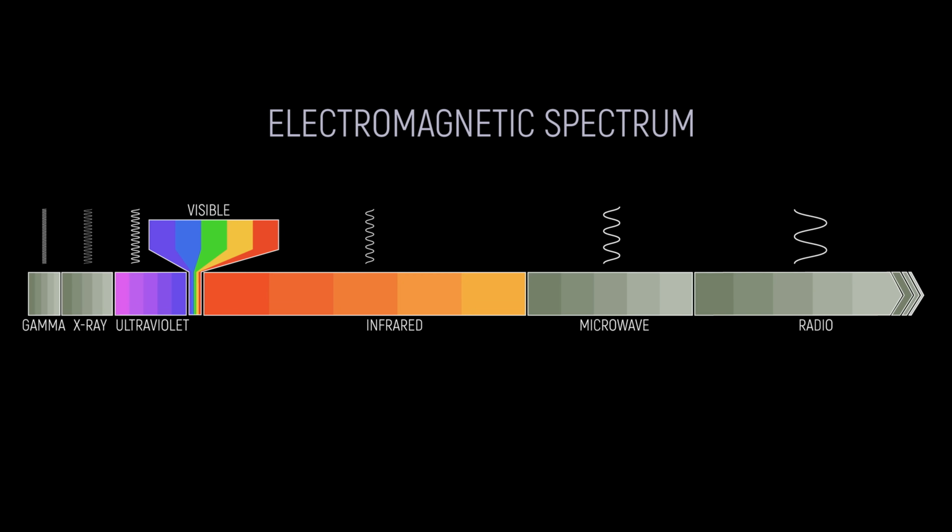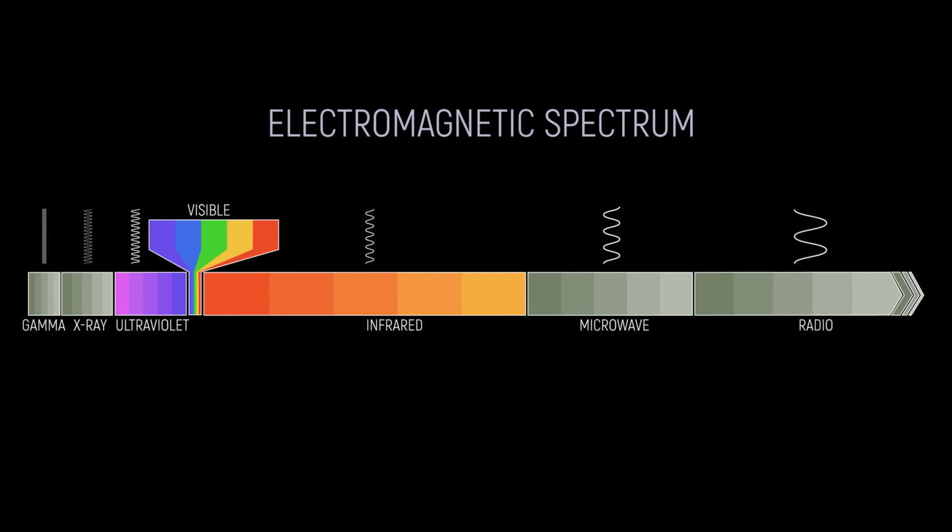And this aspect of light is essential to understand color and color theory, and therefore later on PBR, or physically based rendering. Now, the electromagnetic spectrum encompasses all wavelengths of the electromagnetic radiation.